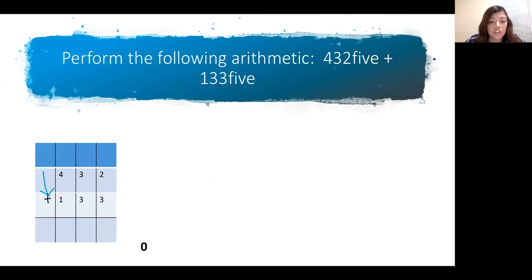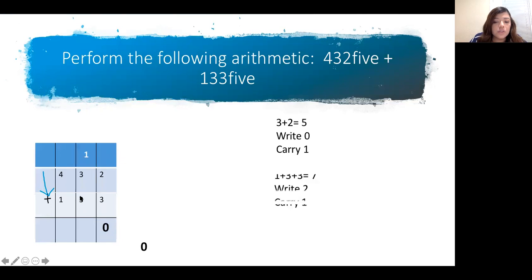So here we'll go ahead and look at our very first number. We're adding, so we do 3 plus 2, which is 5. And then since that's a group of 5, we write a 0 down, and we carry our one group of 5 over. And then we do 3 plus 3 plus 1, we get 7. So here we know that we can only have up to 5, so we have 2 more than 5, which is 7.